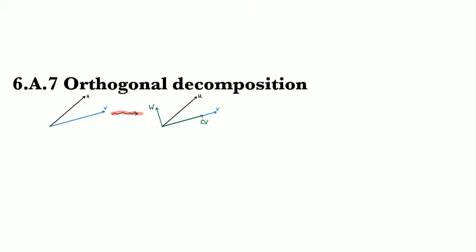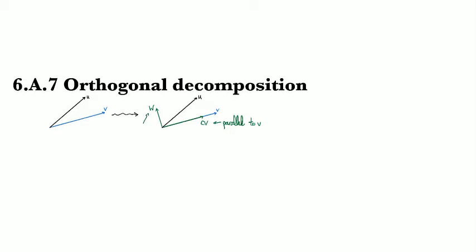Moving over, I'm going to look at projecting u onto v to find some scalar multiple of v. This is some vector parallel to v, and then there's also some vector that is orthogonal to v.